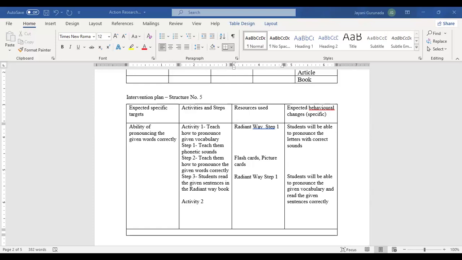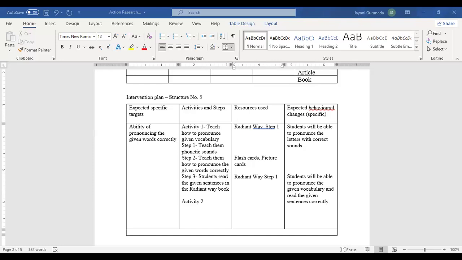Step 2, give model reading of sentences aloud: the teacher reads while pointing to each word, then reads the sentences together with the students. Step 3, students read independently. Resources are flashcards with pictures, picture cards, and word cards. Expected behavioral change is students will be able to read the words and the given sentences correctly.